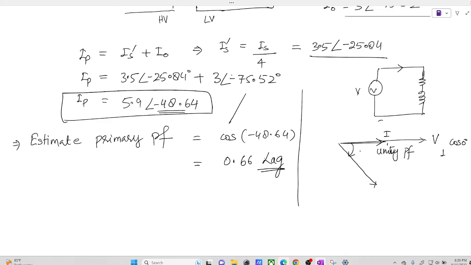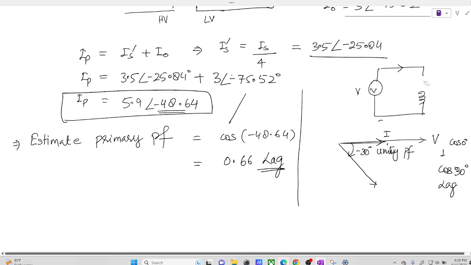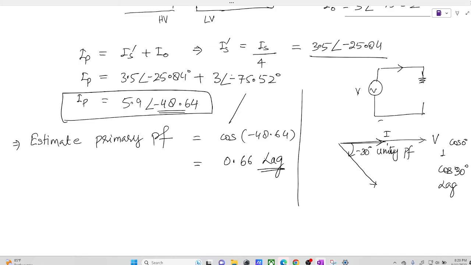So this angle will be, let's say, minus 30 degrees, so we say cos 30 degree lag. Suppose now you replace the load with R and C, the current will lead. Let's say it is leading by 30 degrees, so we'll say cos 30 degree lead. These are the PF under varying cases. This is RL load, this is R load, this is RC load. Okay, clear?